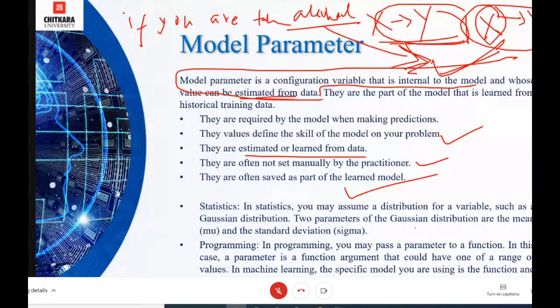So internal parameters are very important, and they are learned from the historical training data, and used for the prediction of the model. They also define the skill, and they are never set manually, because if you set them manually, then what is the need of training on the data? The process should be automated.